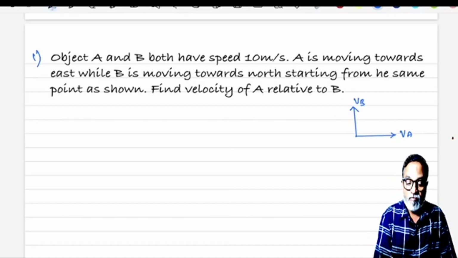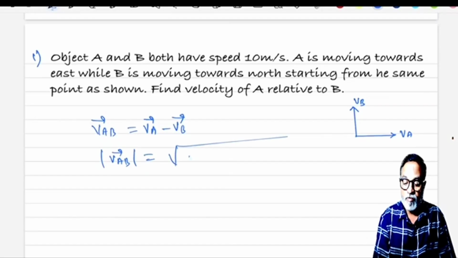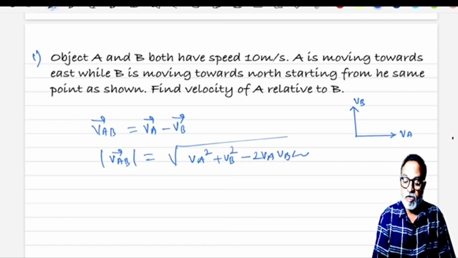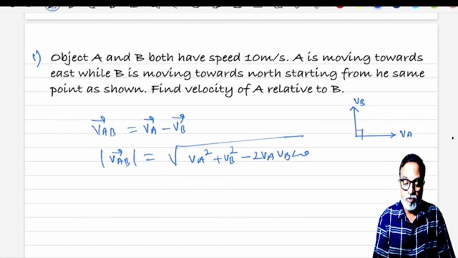Therefore, velocity of A with respect to B is equal to velocity of A bar minus velocity of B bar. Therefore, modulus of velocity of A with respect to B is equal to square root of VA square plus VB square minus 2 VA VB cos theta. Here theta is 90 degrees, therefore cos 90 is 0.